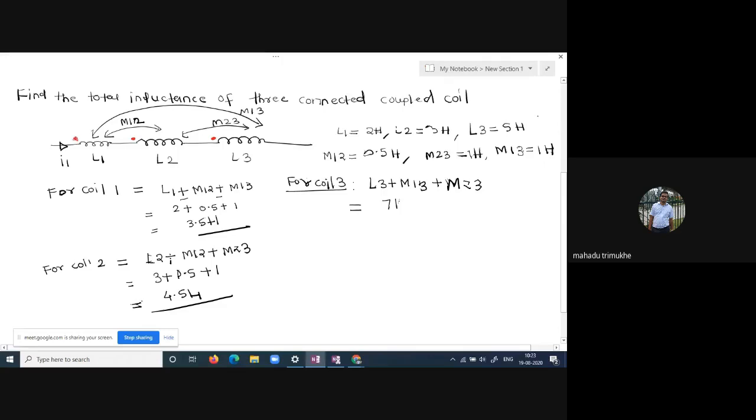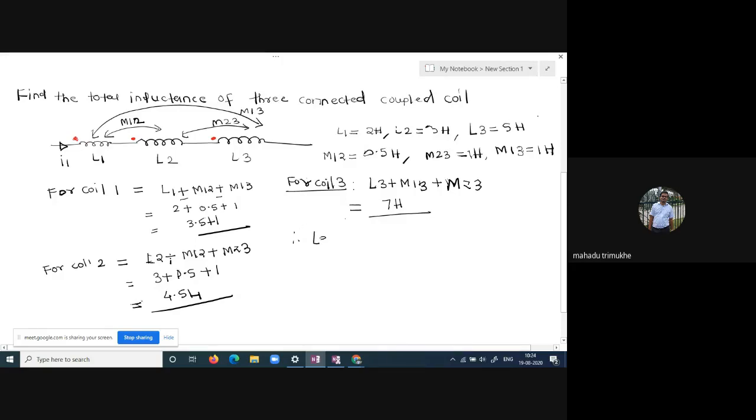So we have already calculated the equivalent inductance for each coil. Then what is our aim? Our aim is to find the net equivalence. How do you calculate the net inductance? You have to take the summation of coil 1, coil 2, and coil 3. Then you will get the net inductance.